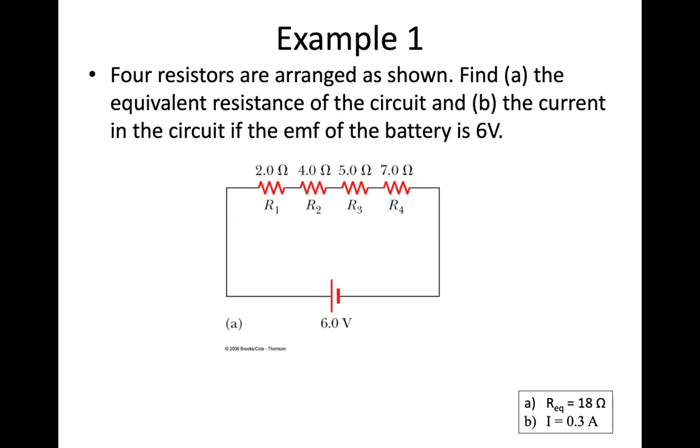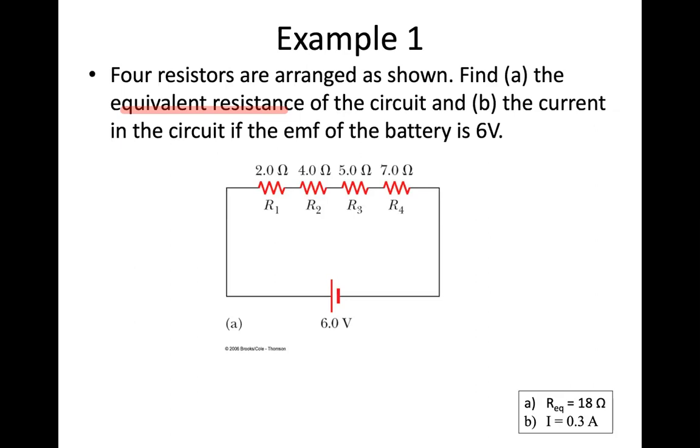So the first thing I need to do when I see a circuit with more than one element is reduce it to a circuit of one single element. In other words, the equivalent. And once I have that, I may then apply Ohm's law.